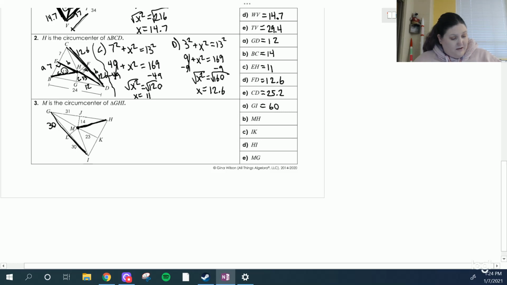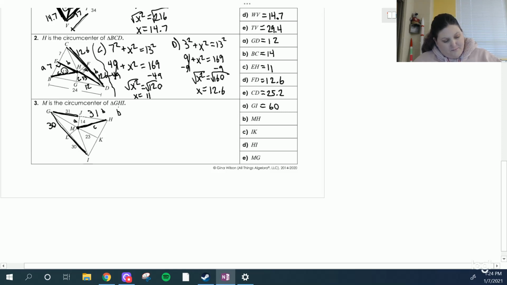Let's see, they do not give me the measurement for any of my lines going to my vertices. But I do know that this is 31 because this is 31. So I can set up my Pythagorean theorem. So I can do a squared plus b squared equals c squared.